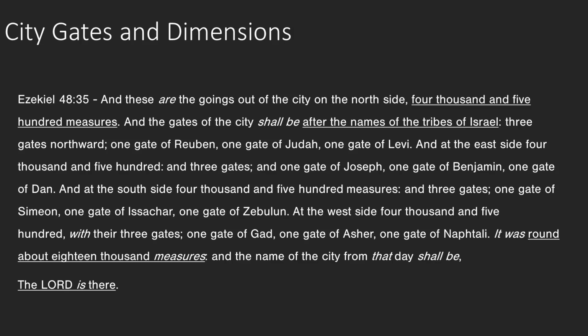And these are the goings out of the city on the north side, 4,500 measures, and the gates of the city shall be after the names of the tribes of Israel, 3 gates northward, 1 gate of Reuben, 1 gate of Judah, 1 gate of Levi, and the east side 4,500, and 3 gates, 1 gate of Joseph, 1 gate of Benjamin, 1 gate of Dan, and the south side 4,500 measures, and 3 gates, 1 gate of Simeon, another of Issachar, 1 gate of Zebulun, at the west side 4,500, with 3 gates, 1 gate of Gad, 1 gate of Asher, 1 gate of Naphtali.